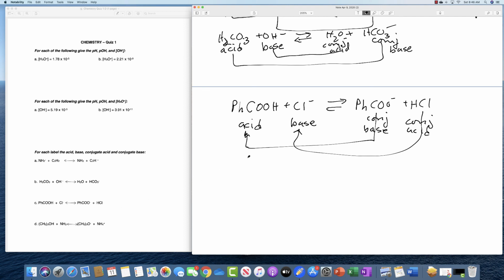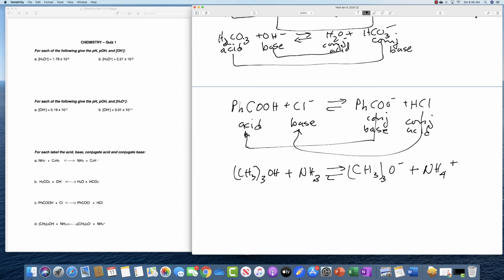Lastly, we have CH3 times 3 OH plus NH3 goes to form CH3 times 3 O minus plus NH4 plus.